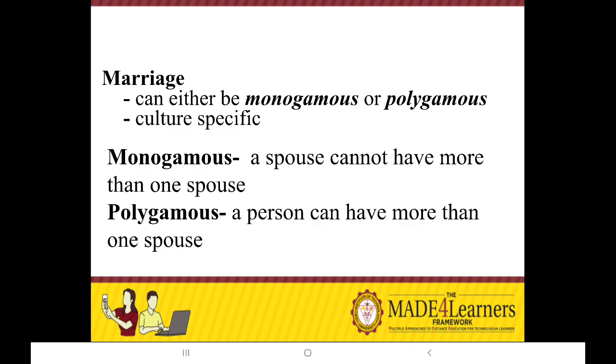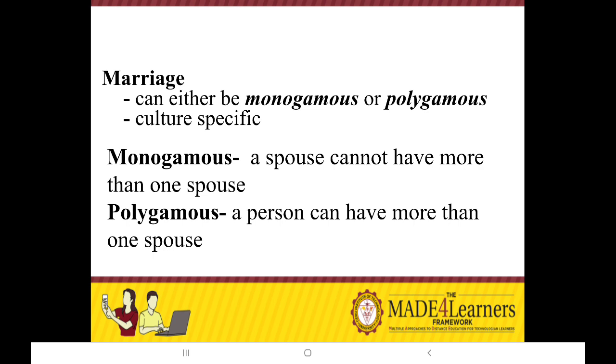Marriage can either be monogamous or polygamous. Moreover, marriage is culture specific. For most Christian societies, for example, marriage is monogamous, which means that a spouse cannot have more than one spouse.